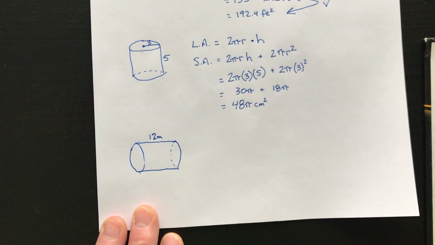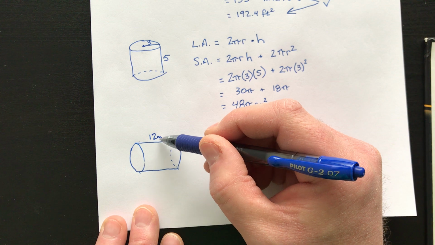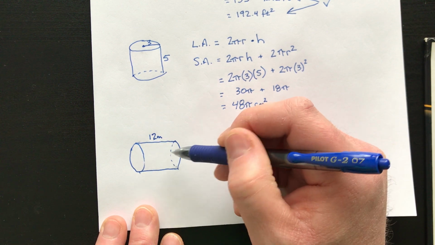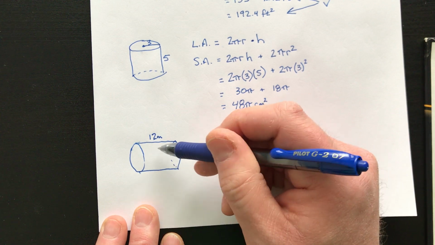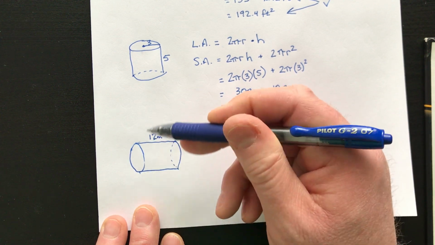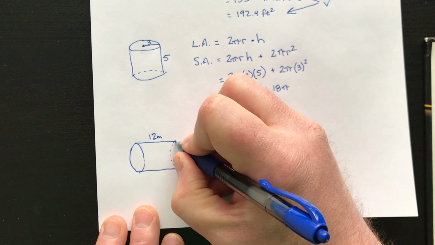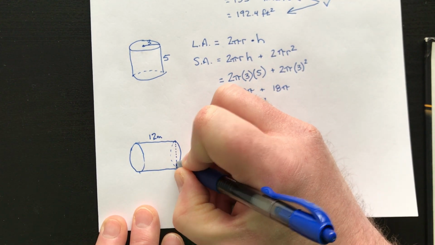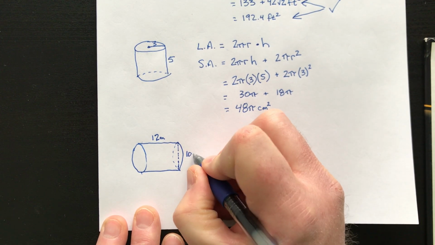Even though I knocked the Pringles can over, this is still your height. Remember, your bases are always the shapes on the top and the bottom. Circle, circle. This going around is your lateral area. So this is still my height, 12 meters. And they tell me the diameter, all right, the diameter is 10 meters.